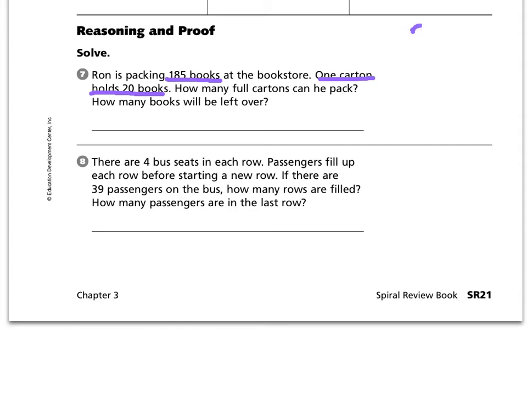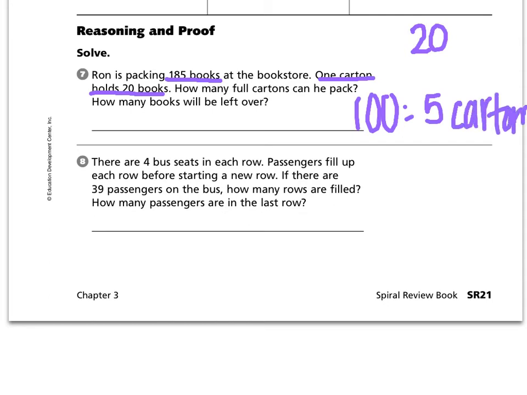Now I could just count by 20s. 20, 40, 60, 80, 100. That's 5 cartons so far out of 100. So if I have 5 cartons for 100, now I can keep counting up. 20, 40, 60, 80, 180 would be 5 cartons plus 4 cartons, which is 9 cartons.